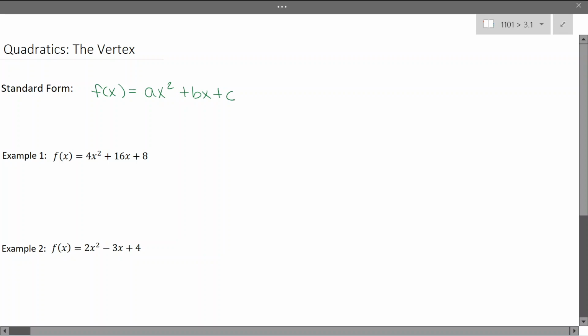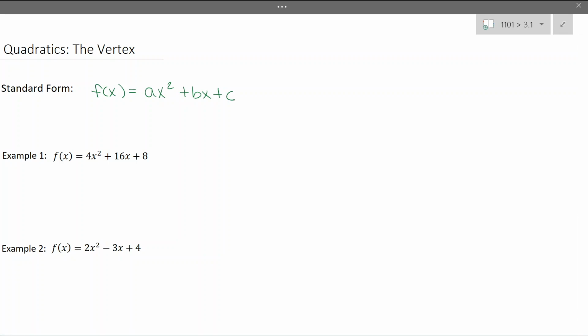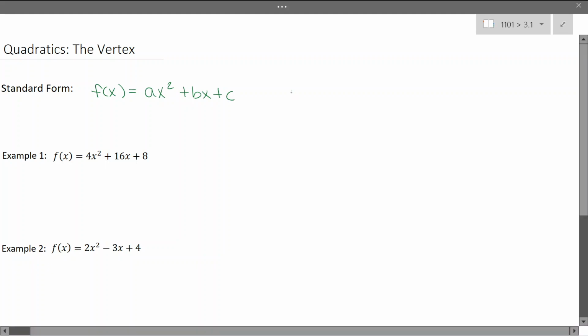If we're trying to find the vertex of a quadratic in standard form, then we need to know the vertex formula, which is h comma k equals negative b over 2a, f of negative b over 2a.